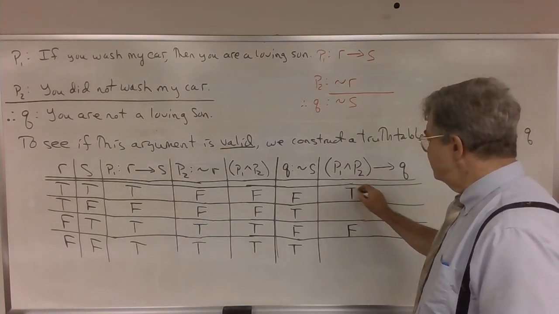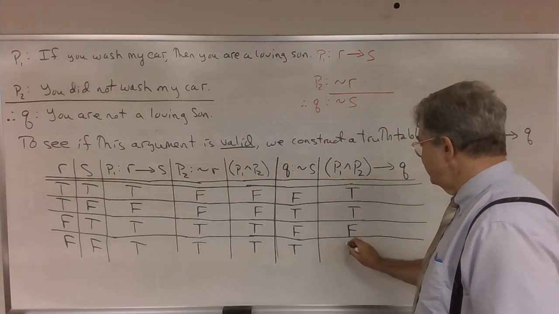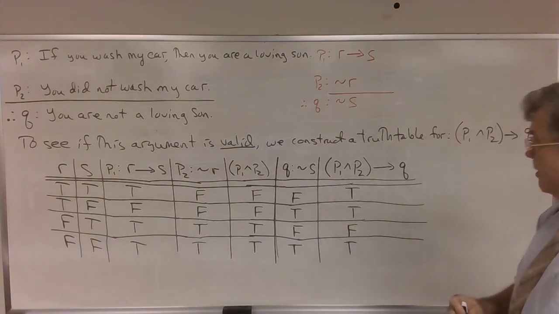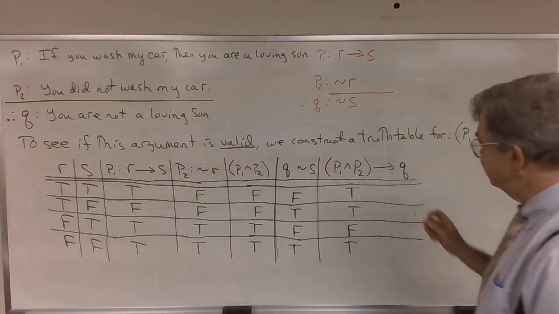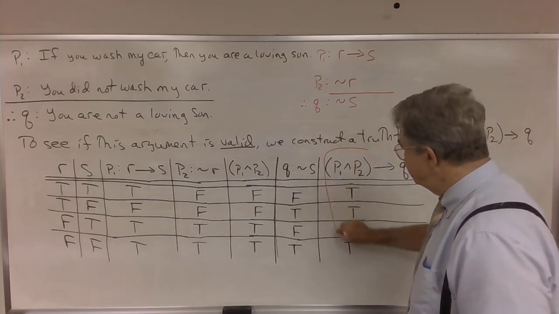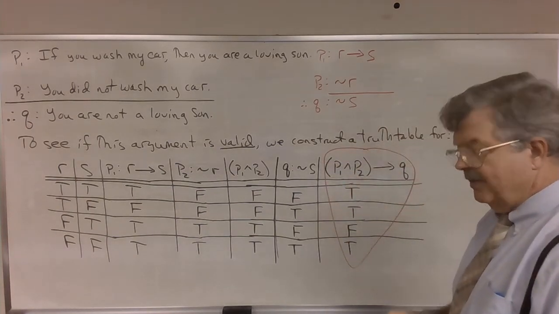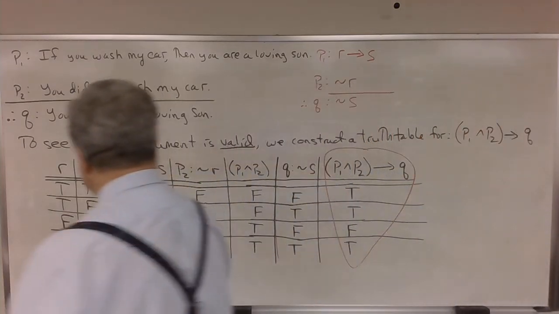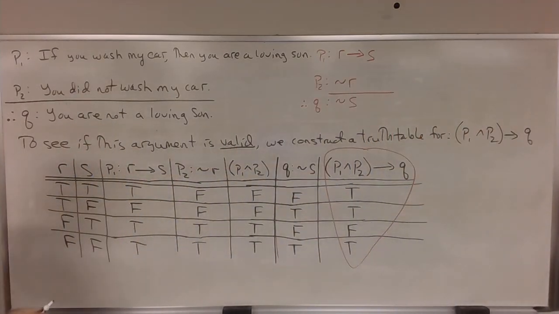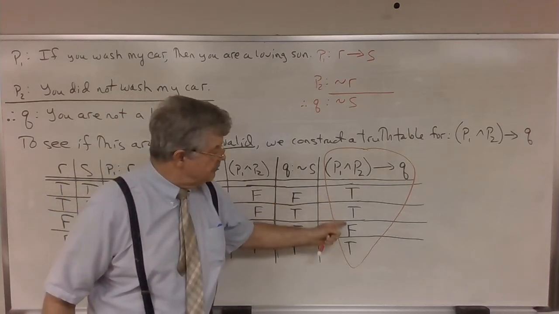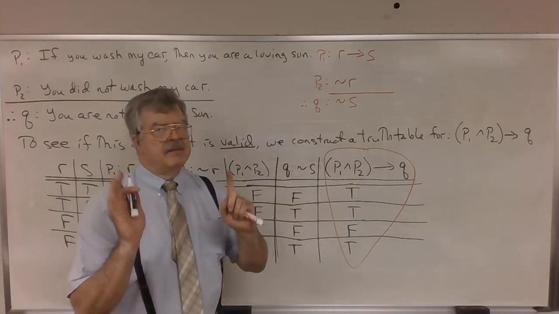Now all the other times it looks like we have true, but this one case we have a false. Well, guess what? The argument's invalid. If we don't have all truths here, the argument is invalid.